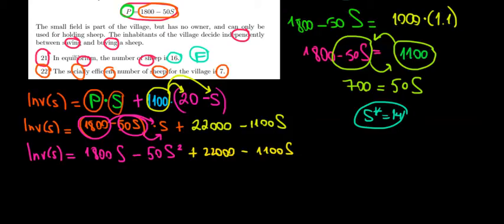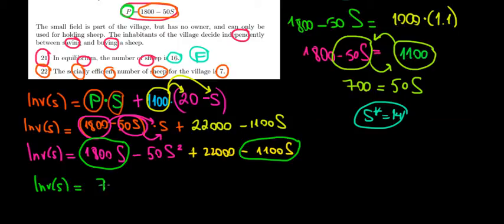We can still make some simplifications, because 1800s minus 1100s is equal to 700s. So the investment for this society is equal to 700s minus 50s squared plus the 22,000.